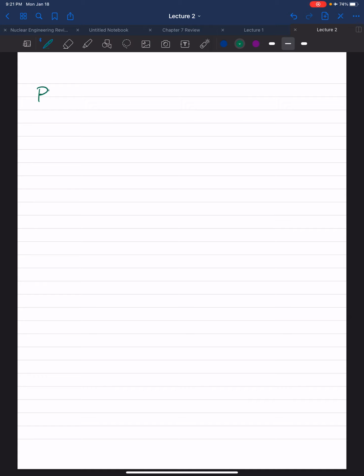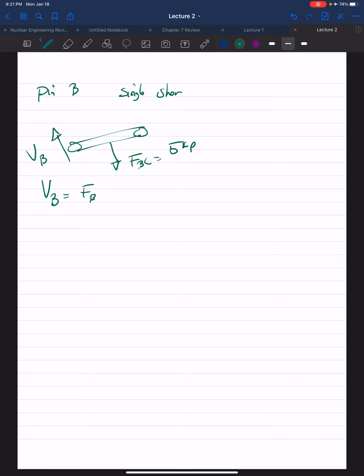For pin B, which is single shear, so this is the pin, you have your FBC, which we calculated as 5 kip, and you have single shear VB, so VB is equal to FBC.